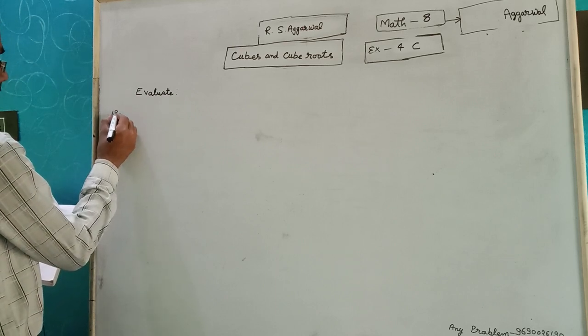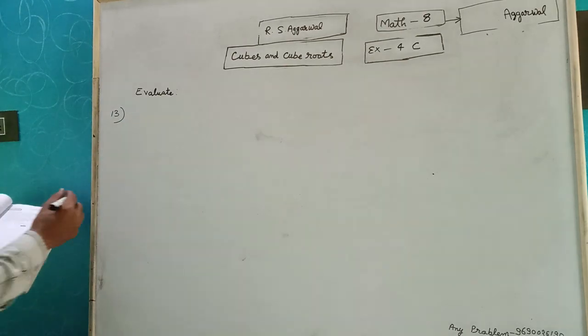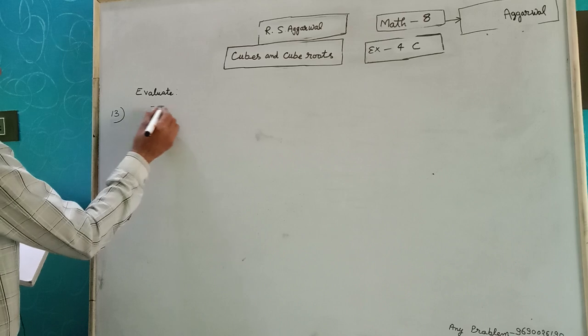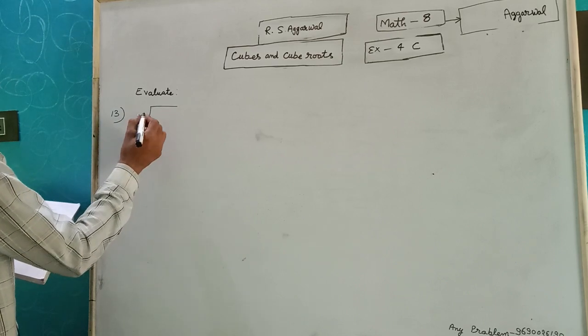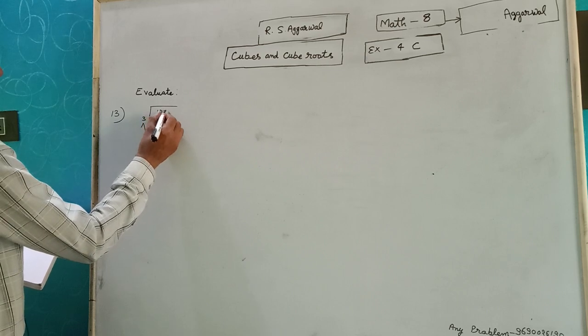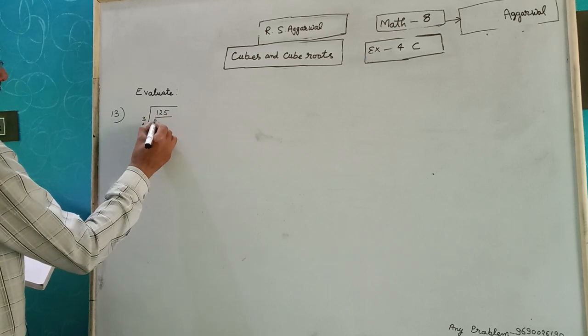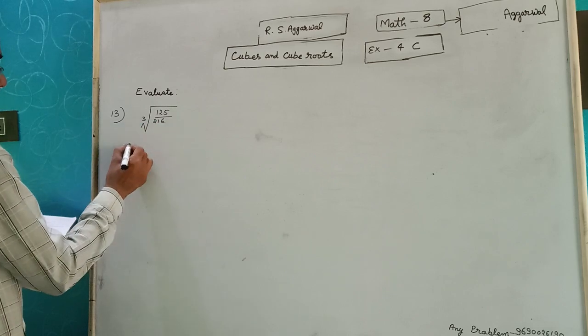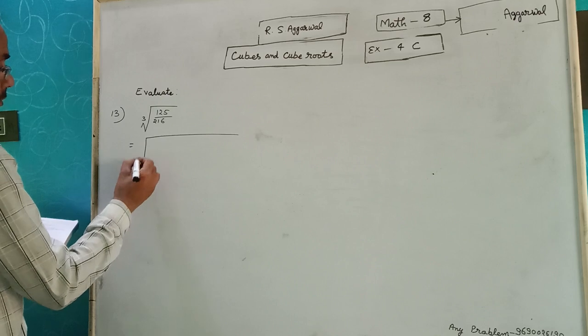Question number 13 is, 13 and 12 it is same, cube root of 125 upon 216. Cube root.